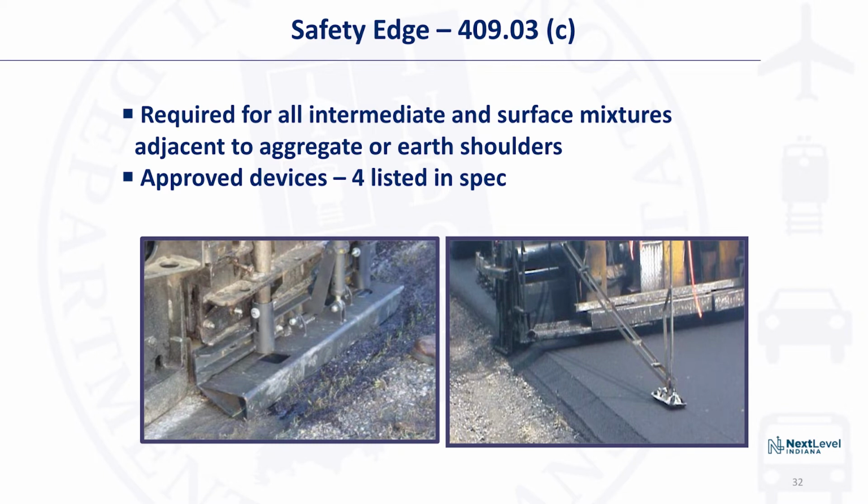And like I said, the spec also requires safety edge on intermediate and surface mixtures that are next to an aggregate shoulder. That just helps if somebody goes off the road, they can get back on. And there's actually 4 specific devices listed in the spec that are available.